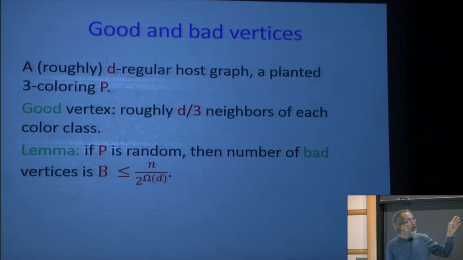So a vertex is good, or typical, if it satisfies this property, and some small fraction of the vertices might be bad in the sense that their neighbors deviate from this, and this is going to be exponentially small in D. So this is the notion of good and bad vertices, and now we can describe the algorithm.